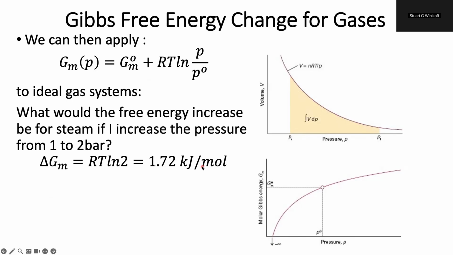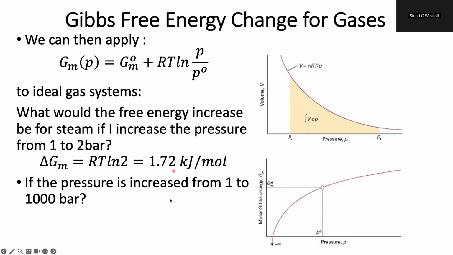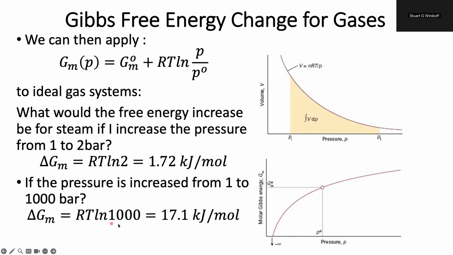So oftentimes, if we're going to be looking at a comparison of a gas to a solid, we'll assume that the solid's free energy doesn't change that much, and it's mostly being dominated by the gas component. Now, in comparison, what happens if I increase the pressure from 1 bar to 1,000 bar? Because we're going through a natural log term, we only have a 10-fold increase.